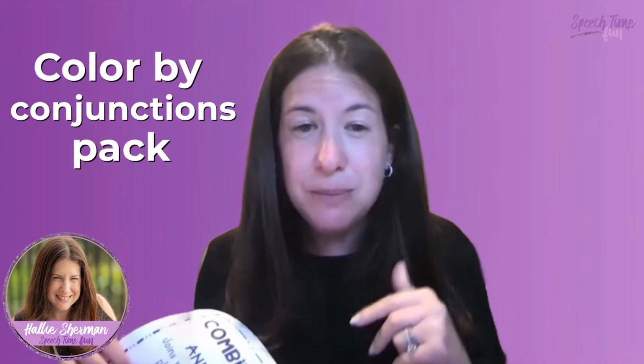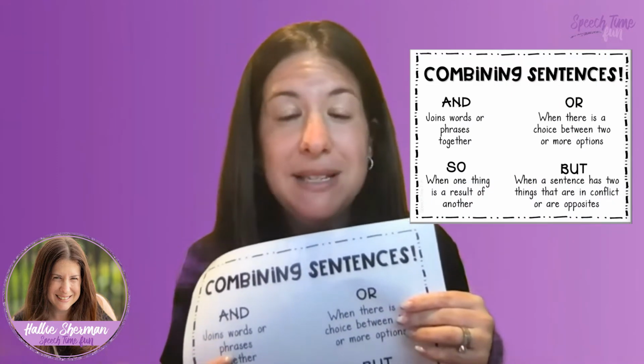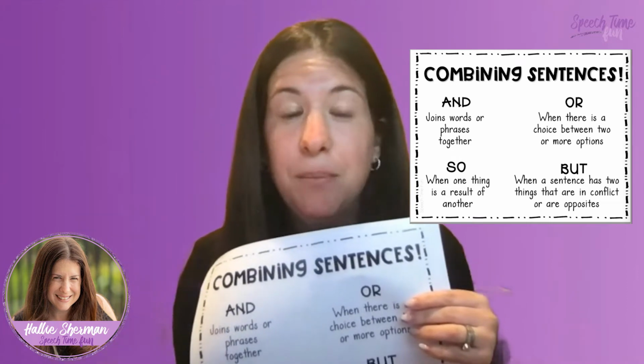Then I like to do and, but. And I might take two French fry containers, one with and, one with but, and they can sort which one would go, but you have to teach it explicitly. So I love using visuals like this one. This is part of my Color by Conjunctions pack, and it has this visual included, and it has the explanation of what an and is, when two things are combined, they're put together.